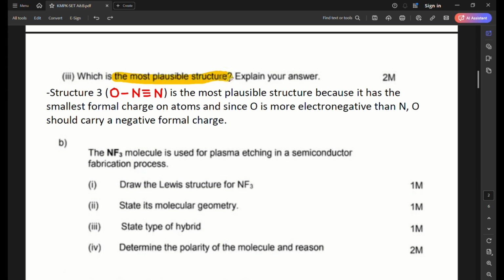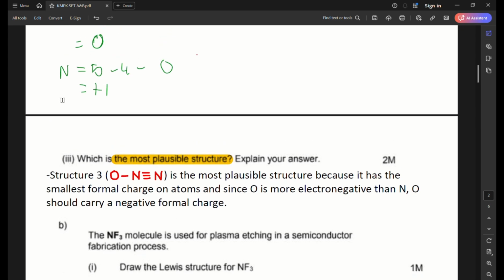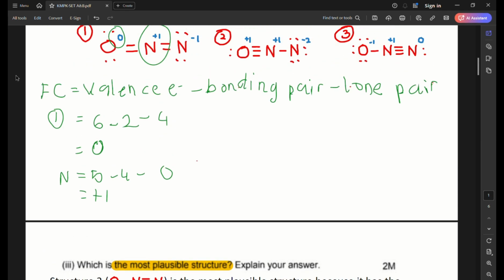Which is the most plausible Lewis structure? There are a couple of factors that can help you determine which one is the most plausible Lewis structure. The first is that the formal charge should be approaching 0, the smallest possible value.